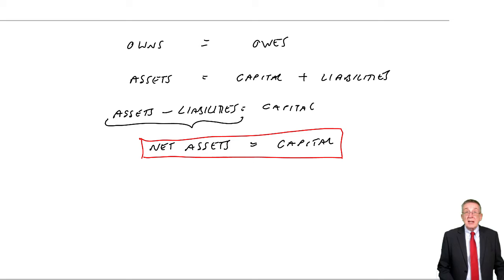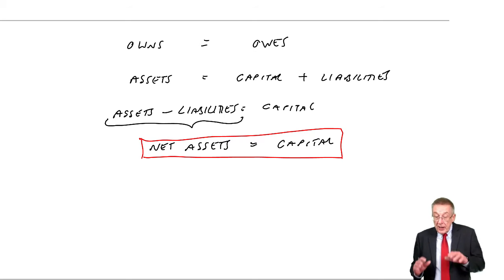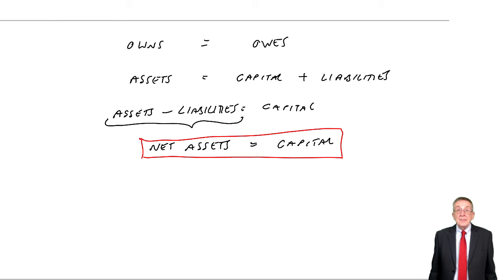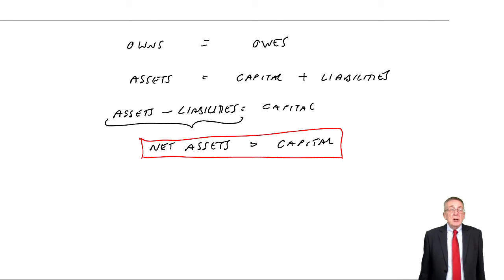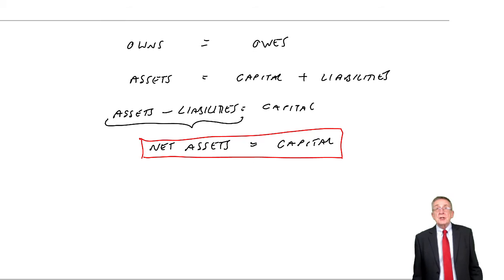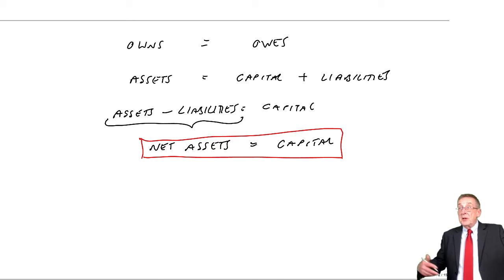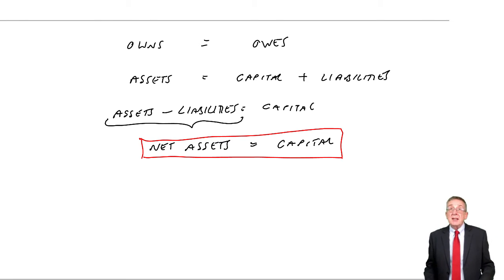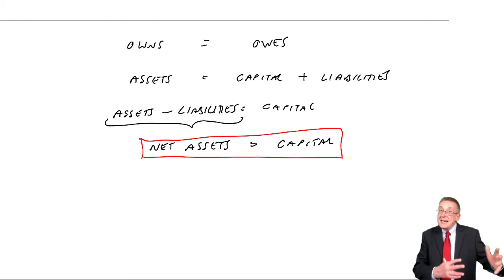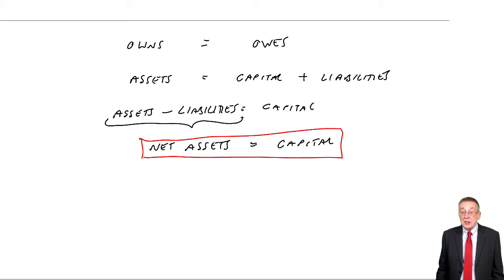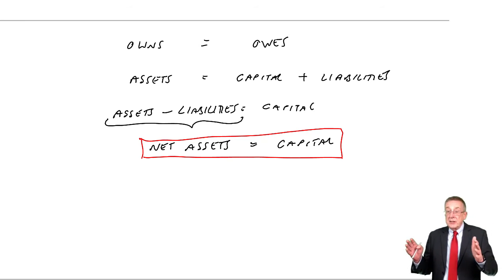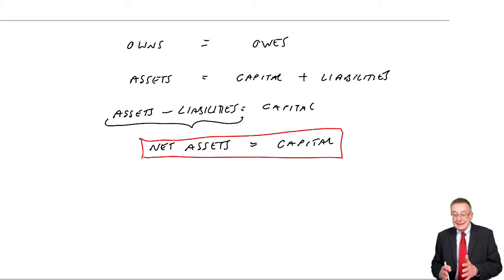However, again, think back to our first lecture. Although at each stage those two were equal, they both kept changing. Before we even did the first transaction, net assets was 0, capital was 0. The owner put in 10,000. The net assets were 10,000. They had cash, but the capital was 10,000. So they keep changing, but at any point in time, the two are equal.